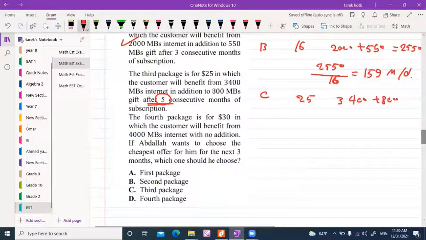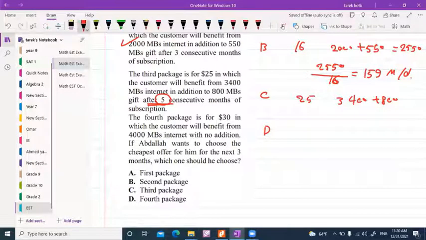Okay, the fourth package, let me see the fourth. This is C and D, and then I'll tell you why I have to discard this. The fourth package is 30, in which the customer will benefit from 4,000 megabytes, with no addition. So the price of the megabytes is 4,000 over 30, which gives me 133.